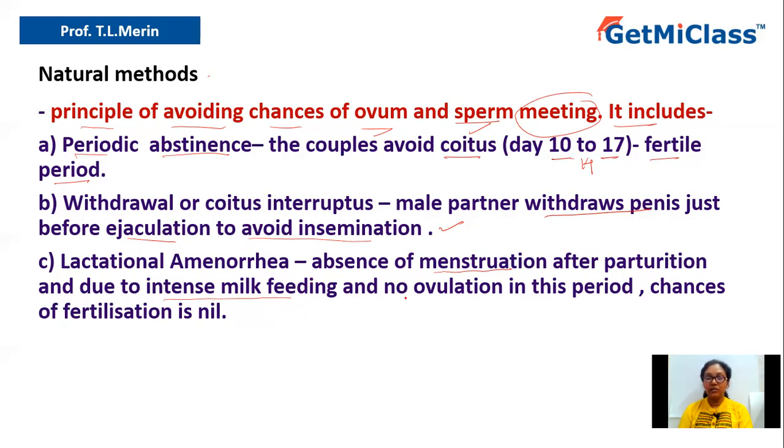During this period there is naturally no ovulation, and hence the chance of fertilization is nil. Again, it depends from body to body, but in most cases, when the mother is lactating, the chance of ovulation is very less. So that is called lactational amenorrhea.